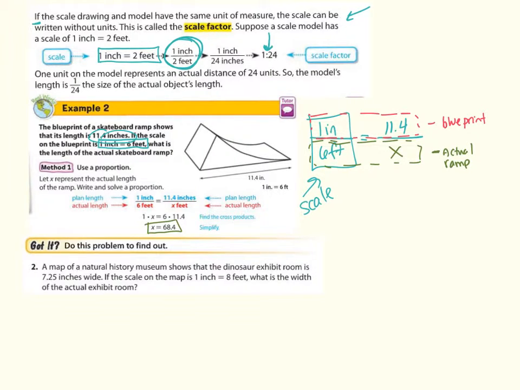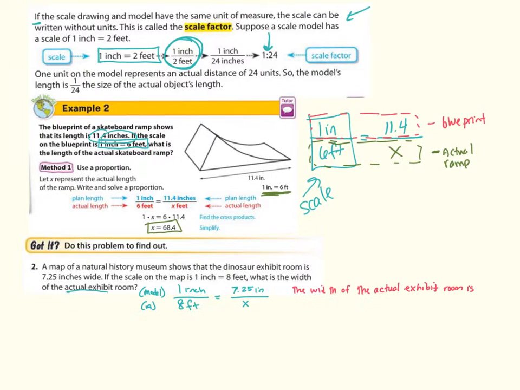So that's the actual length of the actual skateboard ramp. Notice how our scale that they give us is our first fraction. Once you get that set up, you can pretty much figure out where the third number goes. Try number 2. Read number 2, try and set up your proportion, try to solve it, and press play when you're ready for your answers.